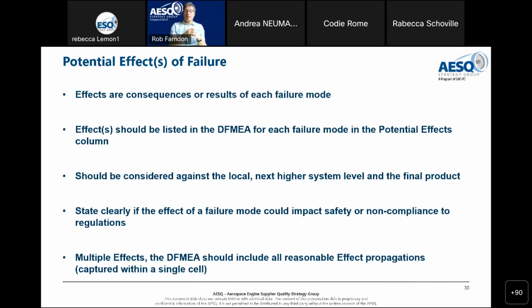So if you believe that something is going to lead to customer annoyance as well as a potential safety issue, as well as a loss of some secondary function, let's pop them all in, right? We'll pop them all in as potential effects, albeit we will only use one of those scores later on.